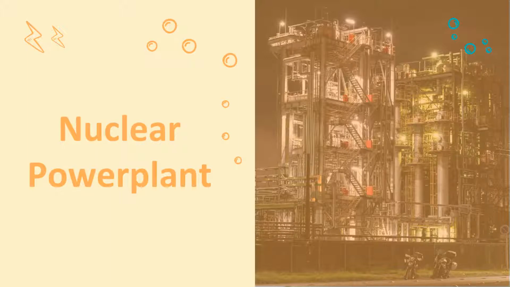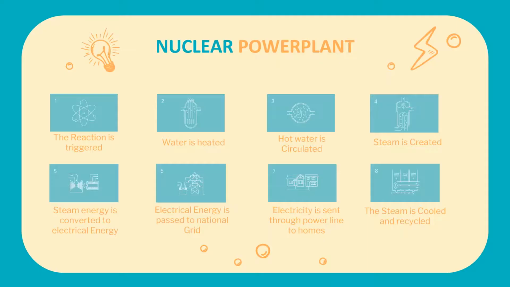So basically, a nuclear power plant is just a clean and efficient way of boiling water to make steam, which turns turbines to produce electricity. It sounds simple, but it is not, since there are 8 steps involved in generating nuclear energy in nuclear power plants. First, the reaction is triggered.